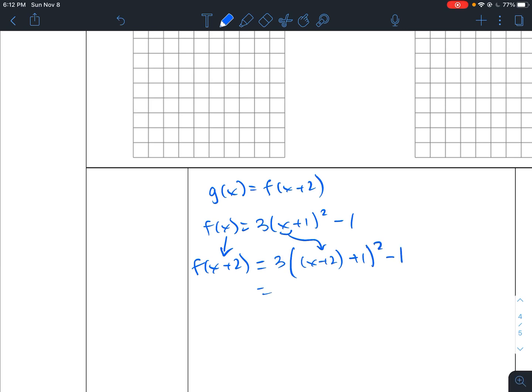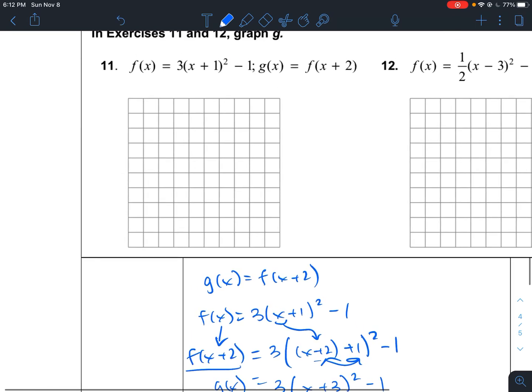Now we can simplify this. So this is 3. We have x plus 2 and then plus 1 right there. So that's going to be 3 times (x plus 3) squared minus 1. So this is g of x. Remember, g of x was equal to f of x plus 2. And now it wants us to graph g of x. So we know g of x is now equal to 3 times (x plus 3) squared minus 1.